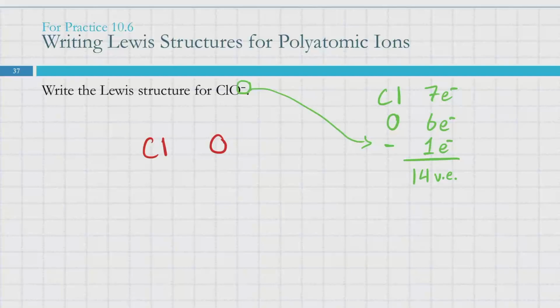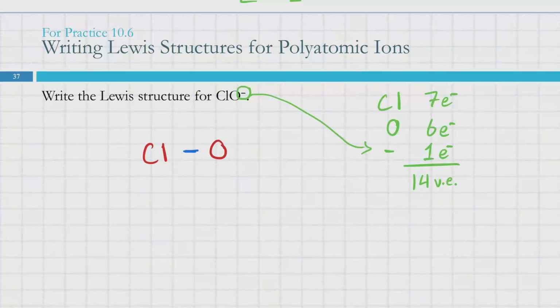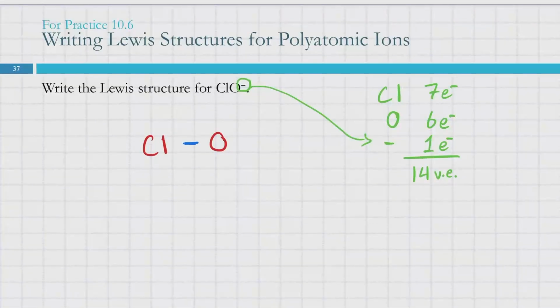In order for this to be a molecule or an ion, it needs to be connected. So we need to make sure that we have at least 1 bond in there. So we'll start off with 1 bond. 1 bond, 1 line equals 2 electrons, so 2 bonding electrons are used. That leaves us with 12 remaining electrons. And we are going to evenly place these 12 remaining electrons on the oxygen and on the chlorine.